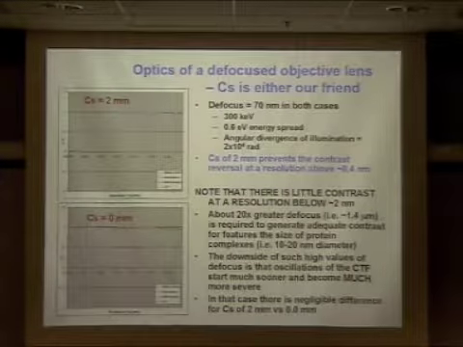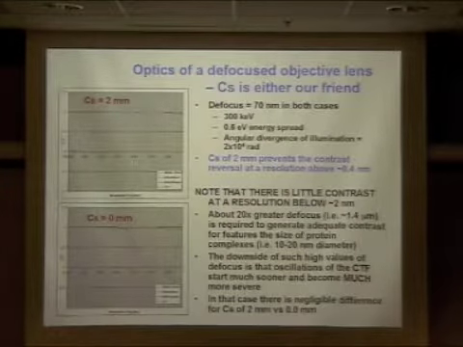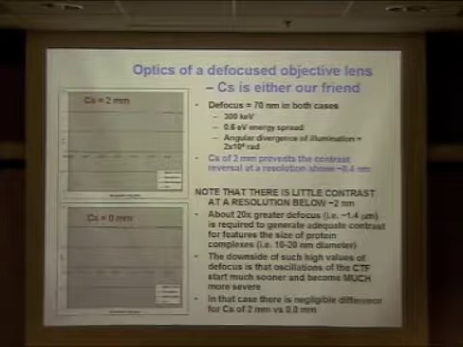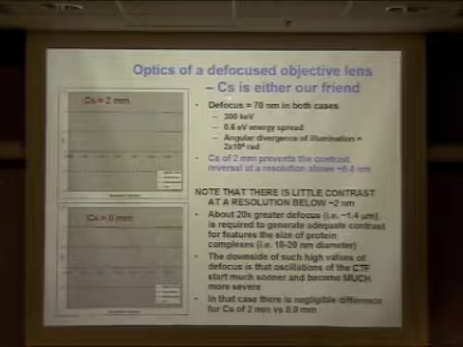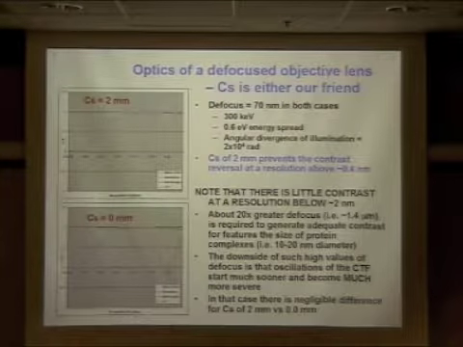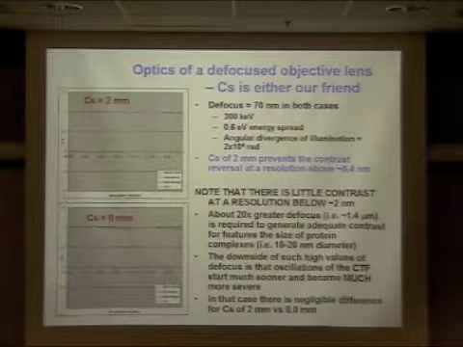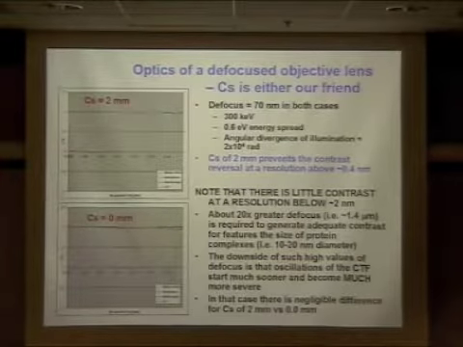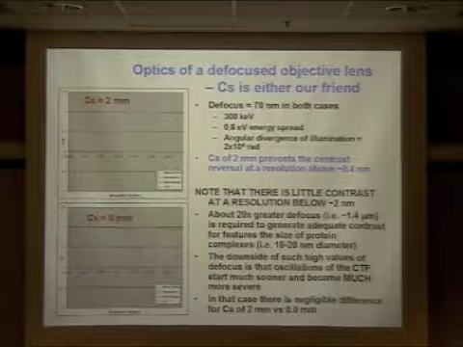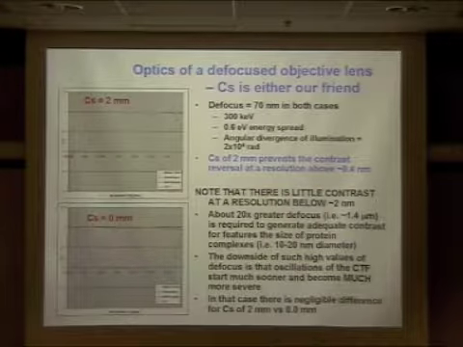Now, first point. If we talk about the optics of a defocused objective lens, spherical aberration in electron microscopy is either our friend or it is irrelevant. It doesn't matter at all. So in some circumstances, spherical aberration is our friend.